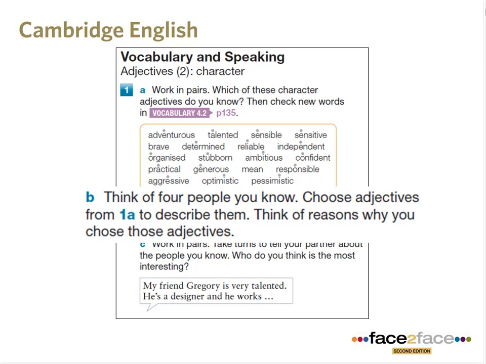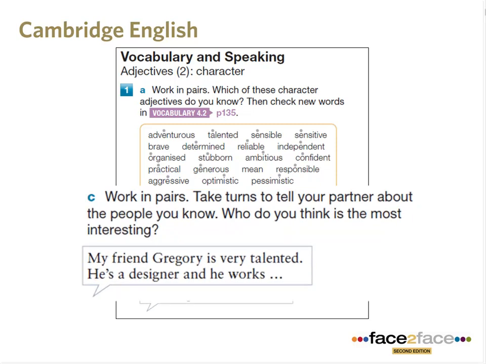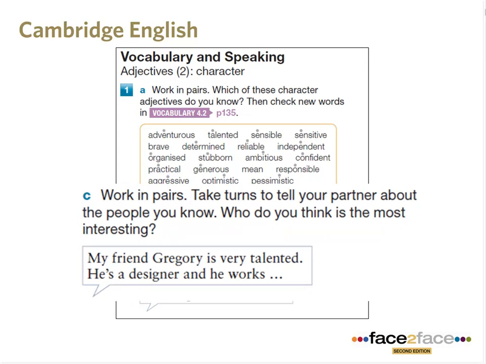And I think, coming back to an earlier point about students being shy or not knowing what to say, if they're given enough time to prepare, they'll be more confident about the speaking activity that follows. So the next thing they do is work in pairs, take turns to tell their partner about the people they've chosen. So the preparation stage leads into a speaking activity, and they can personalize the new adjectives.